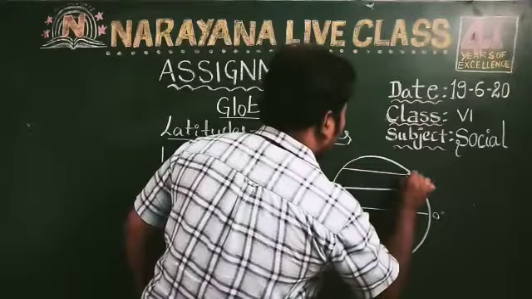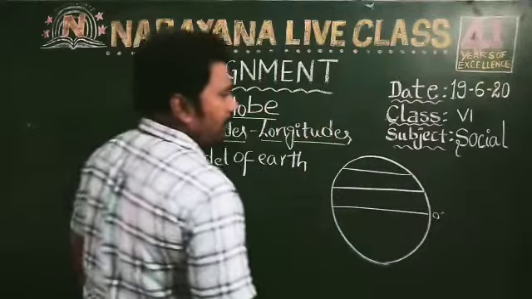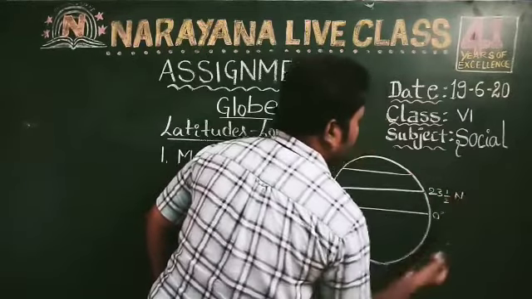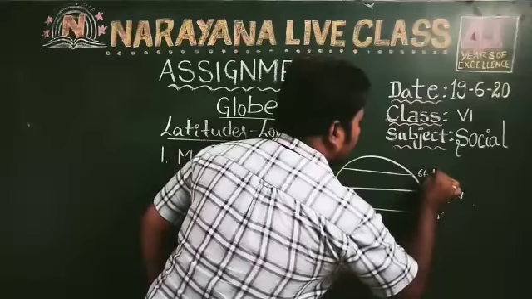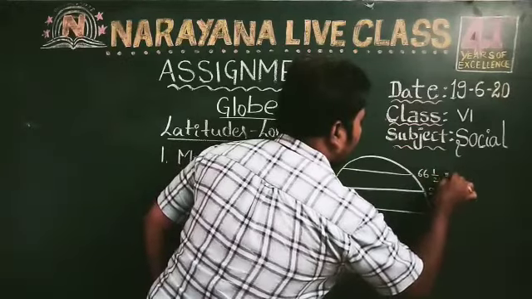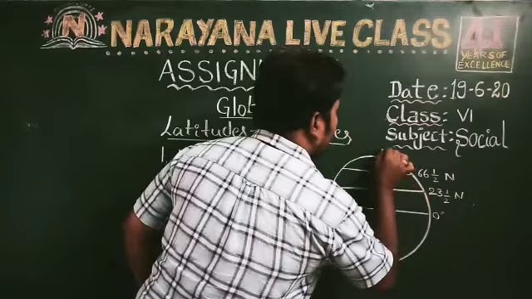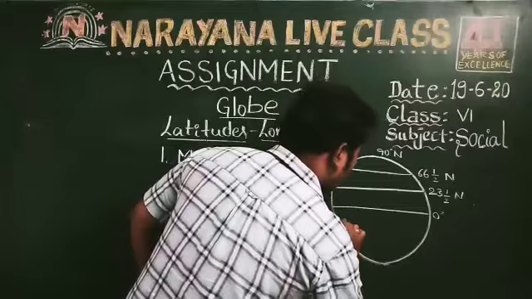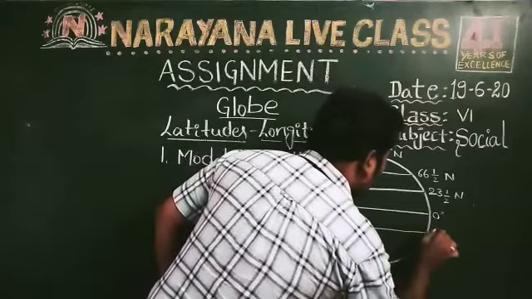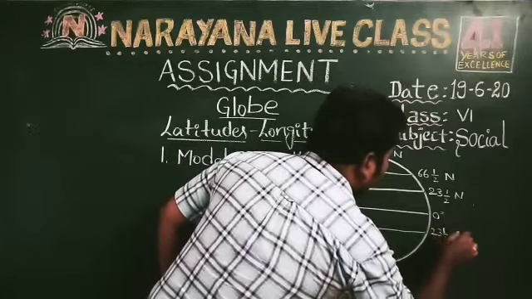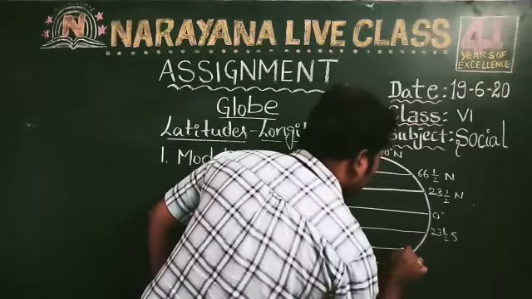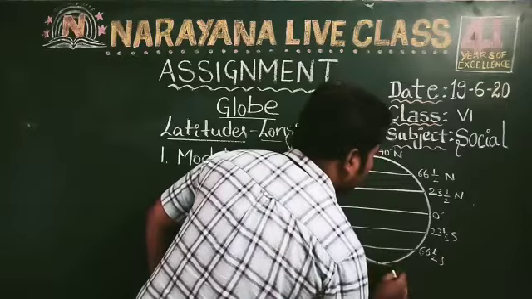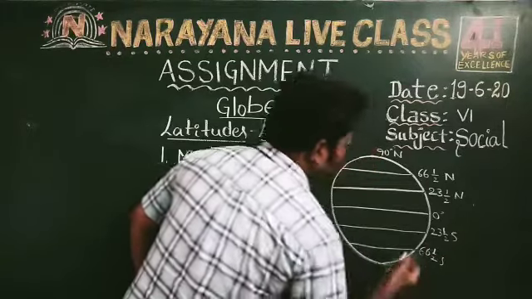This is the Arctic Circle, 66.5°. So this is 23.5° north, 66.5° north, and this is 90° north. Similarly, here also 23° south, then 66° south, and this is 90° south.